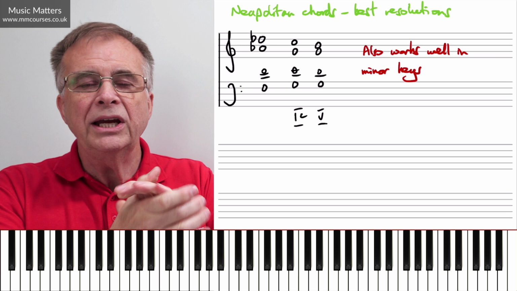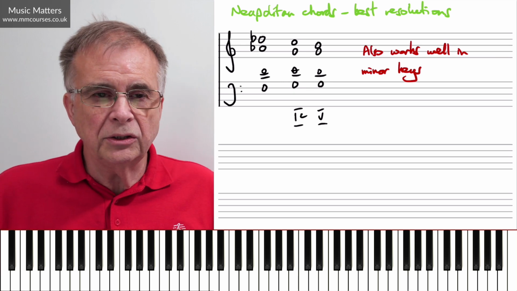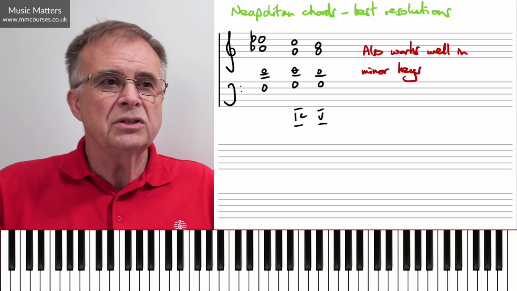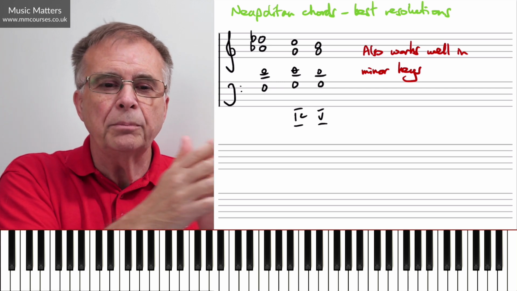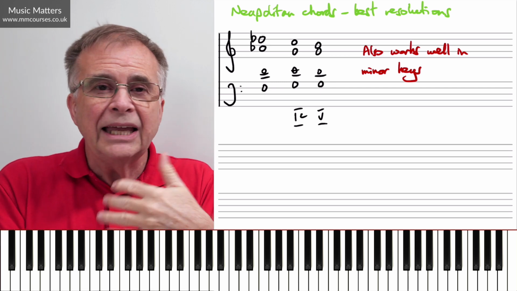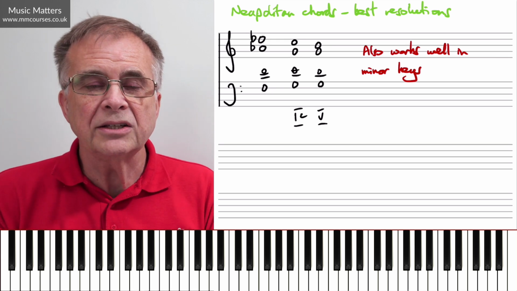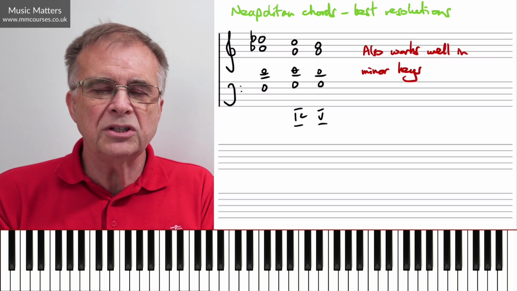If you're writing a phrase in C major, you're just using diatonic chords, that might work perfectly well. All we're saying here is if you want to use a Neapolitan, you can just use it as a dab of colour as a predominant chord, and it will give you that little bit of colour in the context of something in C major. But you do have to be a little bit careful about how you resolve it.